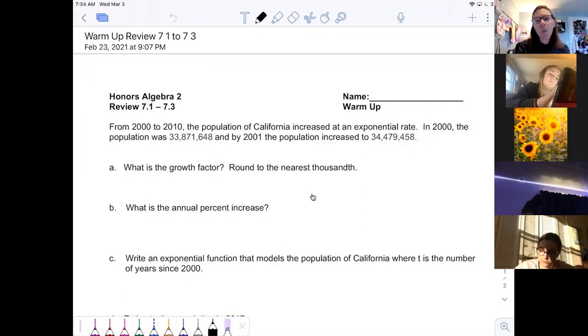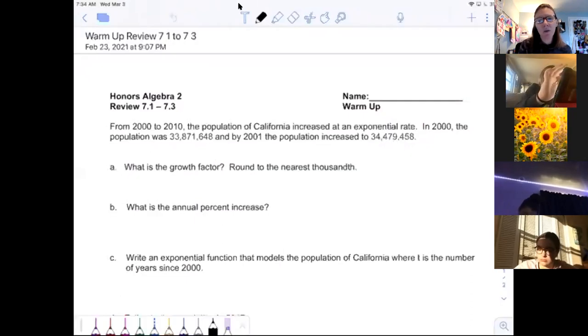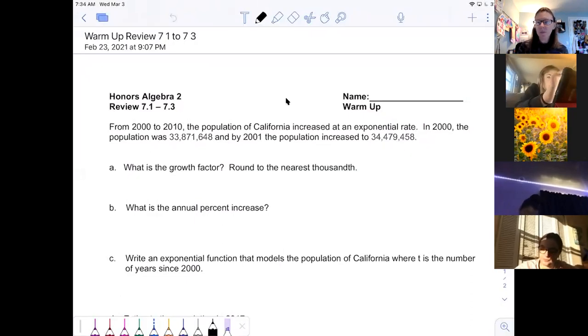And it should say opener review section 7.1 to 7.3. It's the first thing posted in your stream. It is already posted there. You will need a calculator, so if you don't have one, grab that calculator.